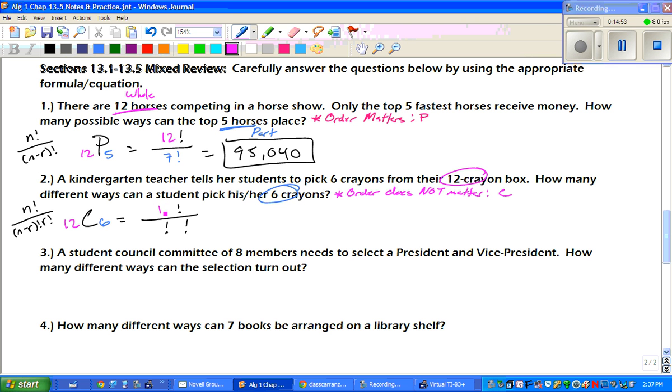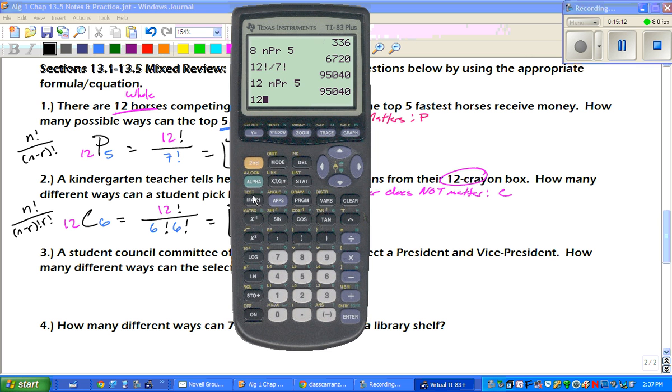Okay, so 12 on the top, and then on the bottom, 12 minus 6 is 6, and 6. Okay, that's the work we need to see. And when you plug that into your calculator, you should get 924. Okay? There you go.